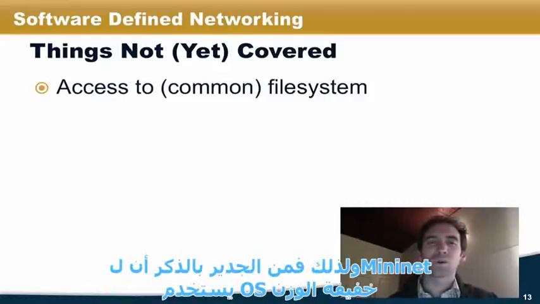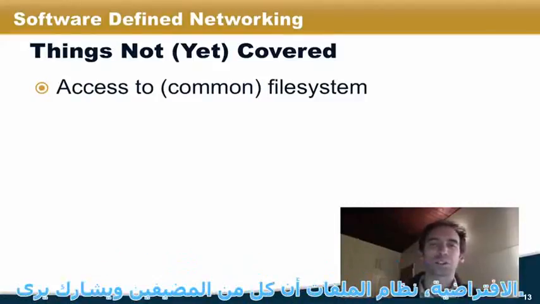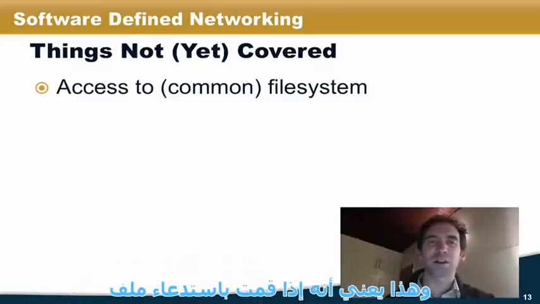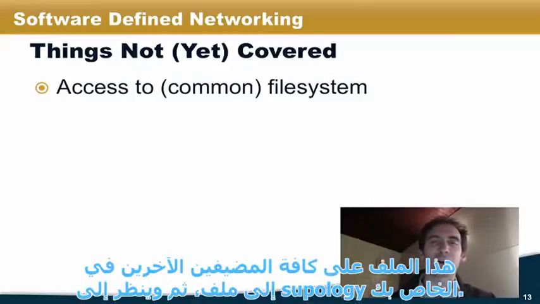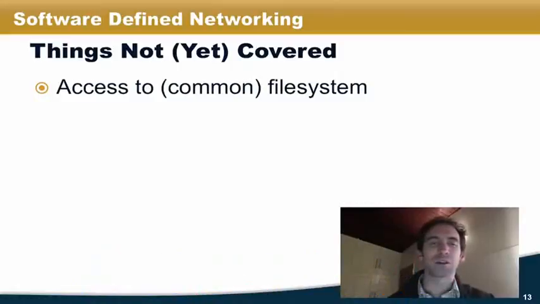It is worth noting that because Mininet uses lightweight OS virtualization, the file system that each of the hosts sees is shared. That means that if you invoke a file operation on one of the hosts, such as writing to a file, then that file would be seen on all of the other hosts in your topology.